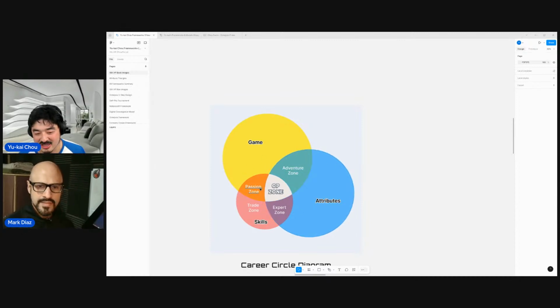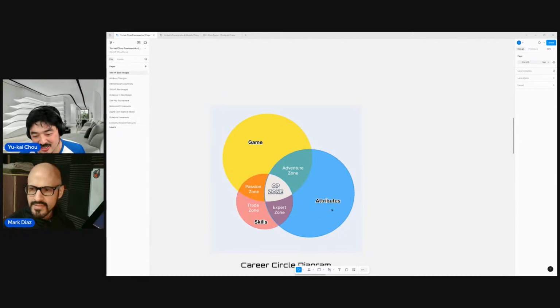Well, if you just have skills, you're in a trade zone. You're not passionate, so you're just making a living. If you're doing something that is your game, but it's not your attributes, that means you can get pretty good at it, but not world class, because you don't have natural talents at it. So we call that the passion zone. You're pursuing it because you're passionate, not because you're amazing at it.